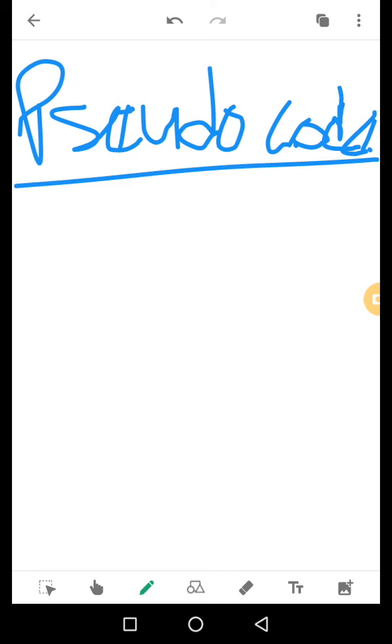So let's have a look at the guidelines for writing pseudocode, because it's not that you just write pseudocode anyhow. There are laid down guidelines. Some of them are: 1. Mimic good code and good English. 2. Ignore unnecessary details. 3.